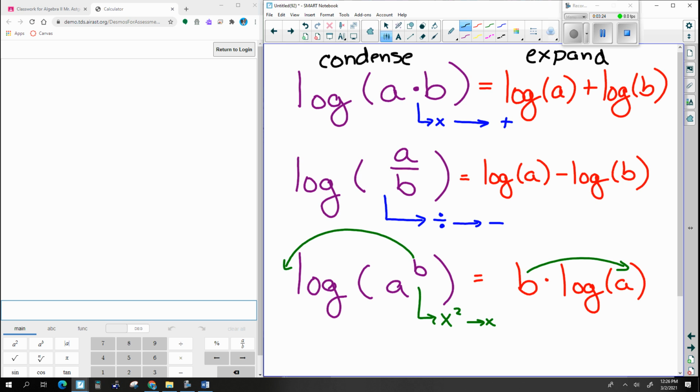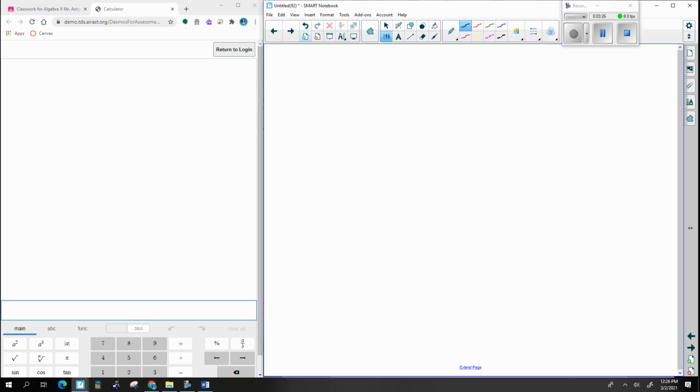When we're asked to expand, what I encourage you to do is handle all multiplications and divisions first. Turn all multiplications into additions, divisions into subtractions.